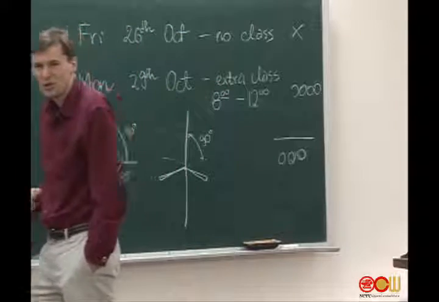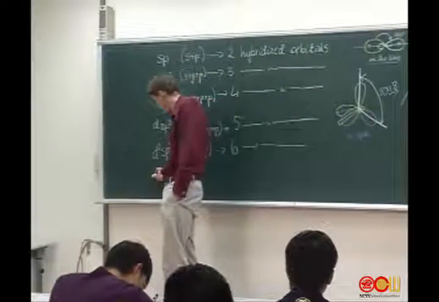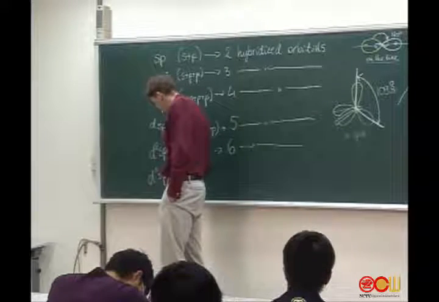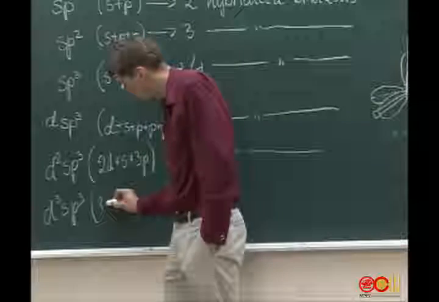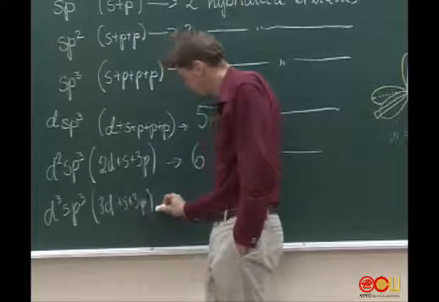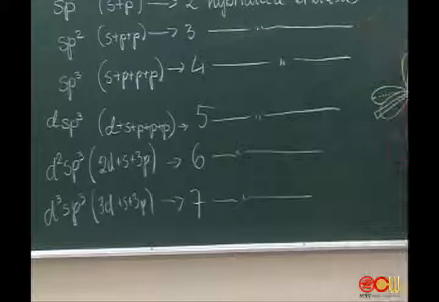I think there is only one molecule, maybe more, but one I can remember, having hybridization d3sp3, with 3 d orbitals plus s plus 3 p, and that gives you 7 molecular orbitals.